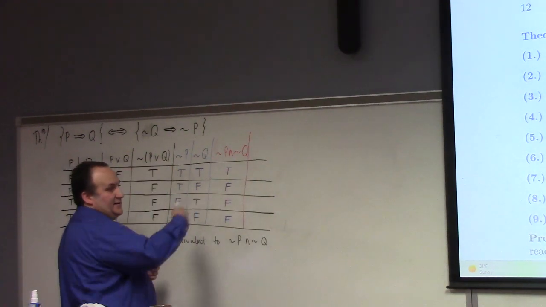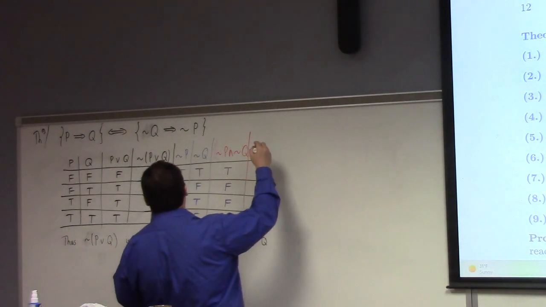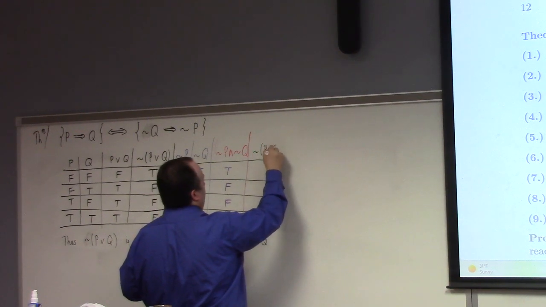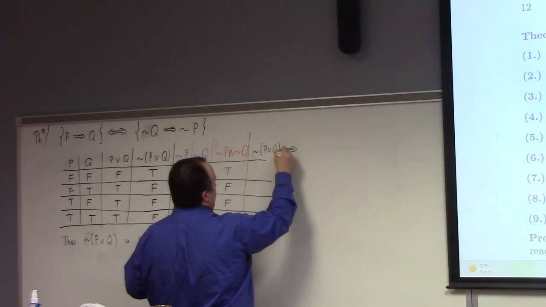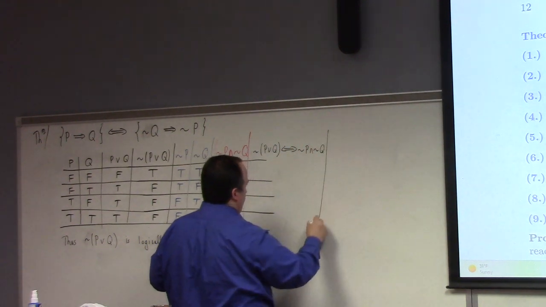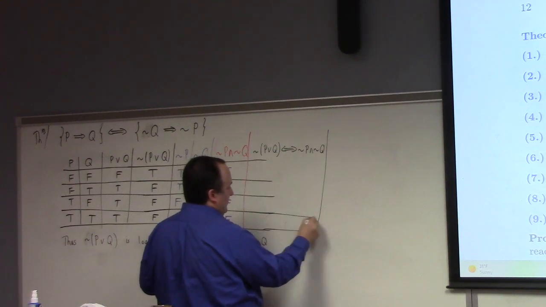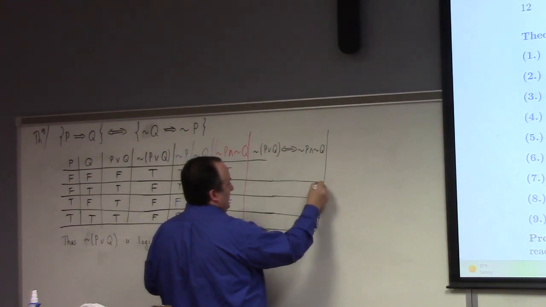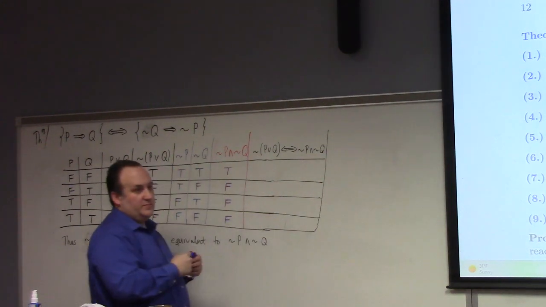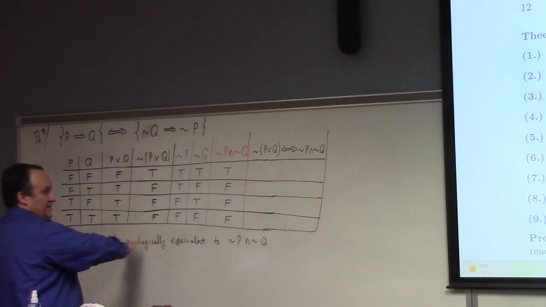See, I could add another column here, right? I could add another column which is not (P or Q) if and only if not P and not Q. And this would be a very boring column, which would accomplish the same logical purpose as the sentence I just wrote, right?